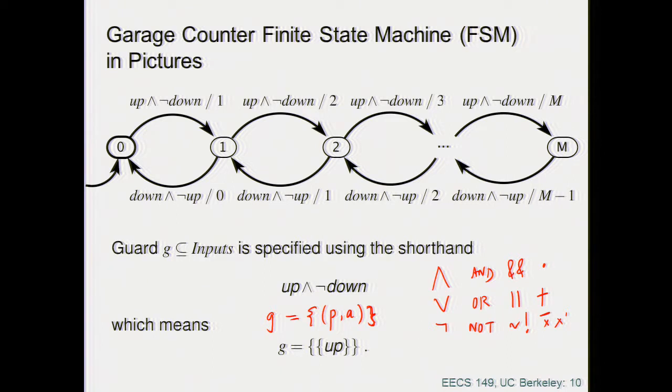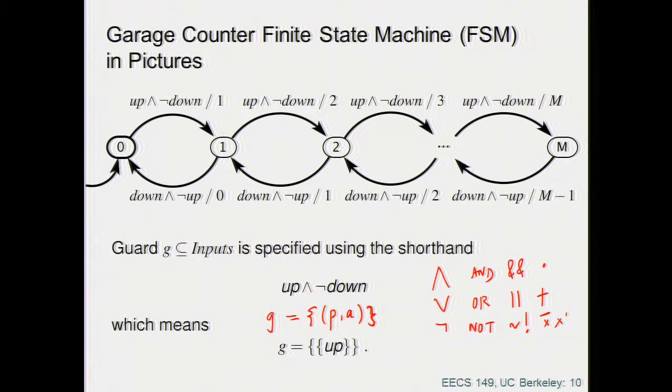Now, it's also convenient to associate to this arc also the value of the output. So in general, for finite state machines, you have two fields associated to the arc, to the transition. One field is the condition under which you move, and after the slash, what the value of the output is.